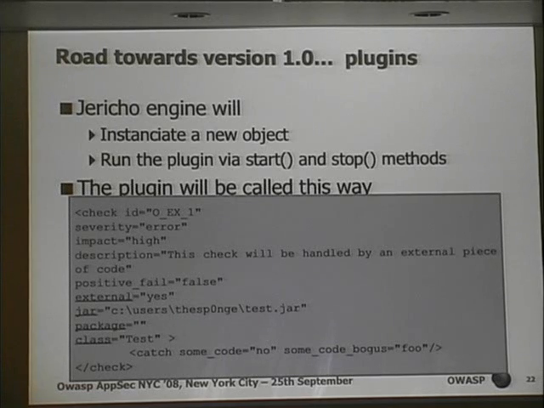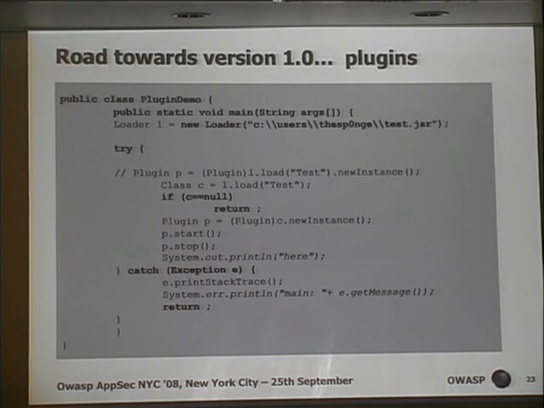ORIZON cannot manage that statement because it's not one of its original statements. But people writing that check say, okay, you can. This check is an external check, and the class test contained in a jar file test.jar will be able to manage that sentence, and that's an example of how a plugin can be extracted and executed.